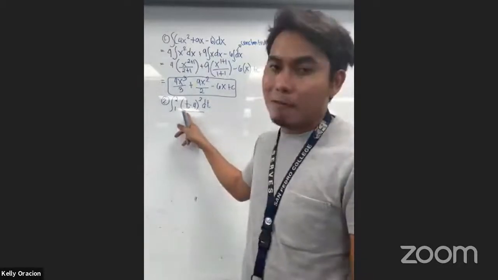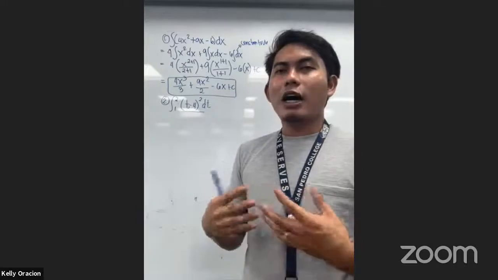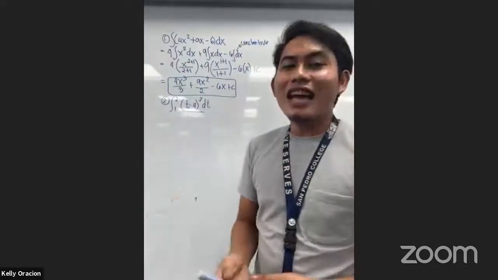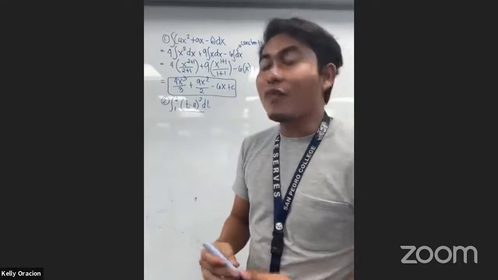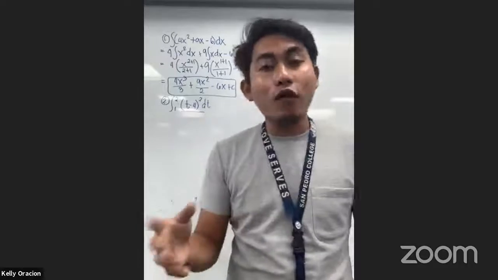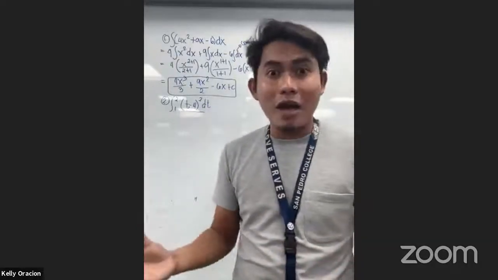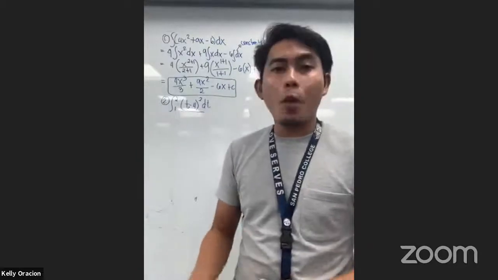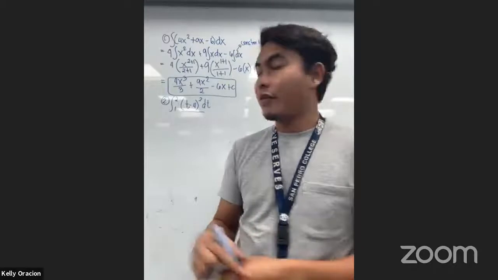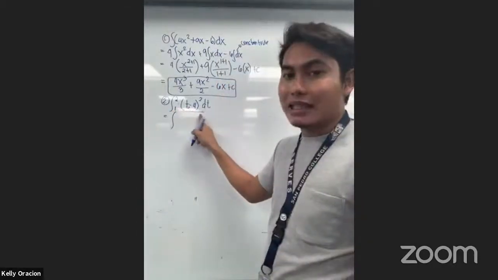Here, t minus 4 squared can already be simplified. You can use the FOIL method or the perfect square trinomial expansion. So first, let's expand this one.